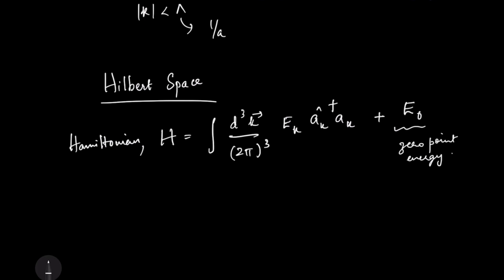So from now onwards, we'll ignore this constant energy, which is known as the zero point energy in quantum field theory, because it is just an overall constant and doesn't do anything in the Hamiltonian.